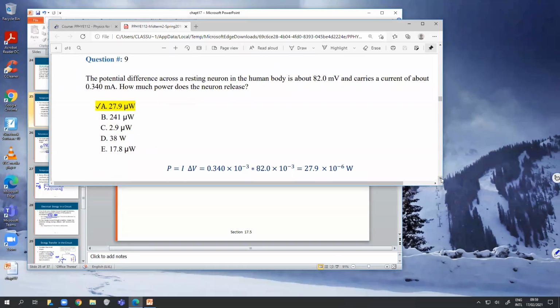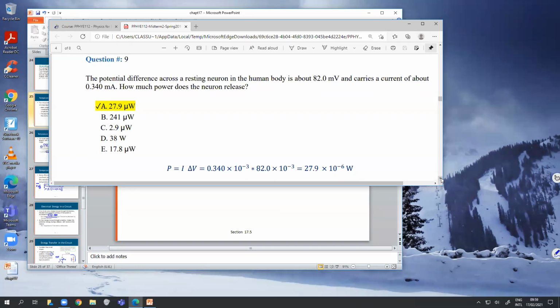Number 9. The potential difference across a resting neuron in the human body is about, even us, the human body has current and voltage, you know that, right? Suppose some people have a heart problem, they do what is called an electrocardiogram, ECG.